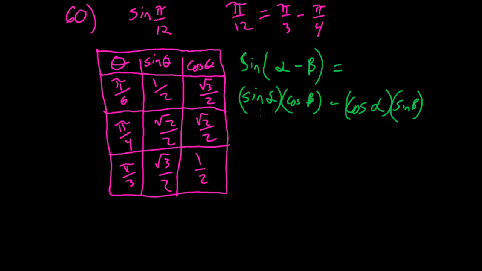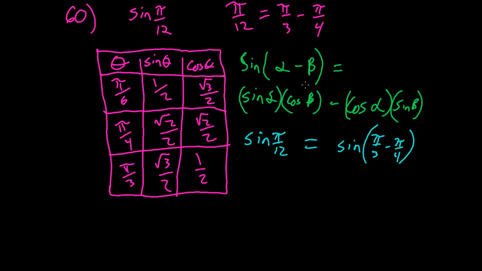So we can see that the sine of pi over 12 is equal to the sine of pi over 3 minus pi over 4. Right? Because pi over 12 is equal to pi over 3 minus pi over 4, so you can just substitute and you might be able to see where this is going.